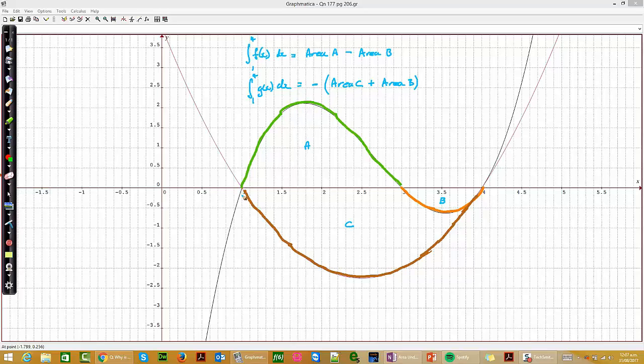If we took the definite integral between 1 and 4 for function f. So what's function f? This is this top function here, the part in green and the orange.